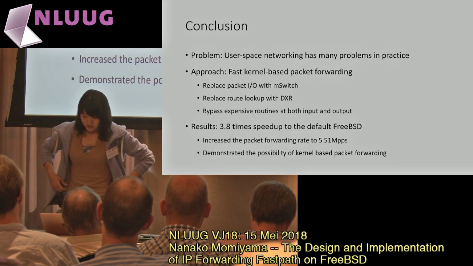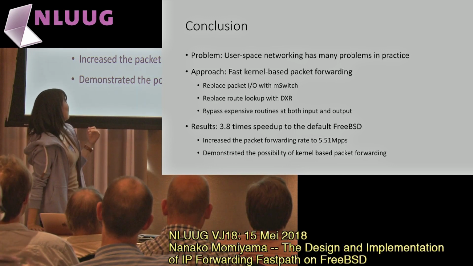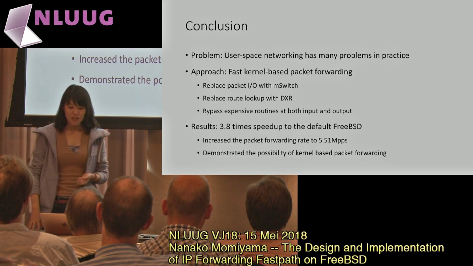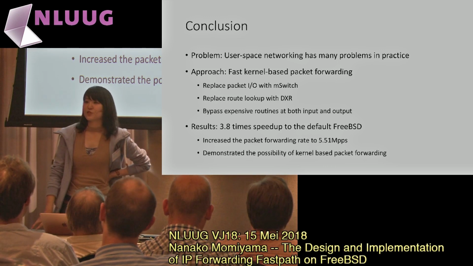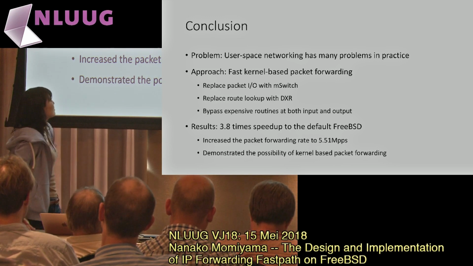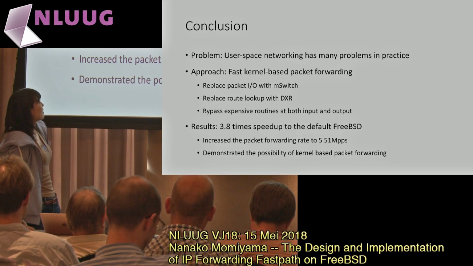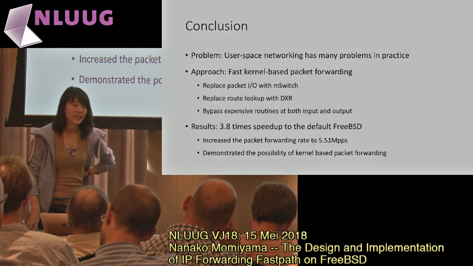And now, as a conclusion, we addressed the problem of user space networking. It is a very good solution to improve the performance of our IP forwarding, but there are many problems in production systems.